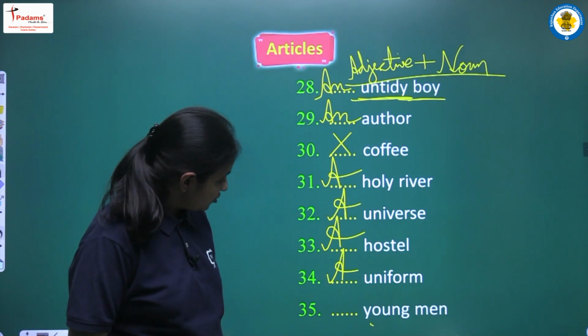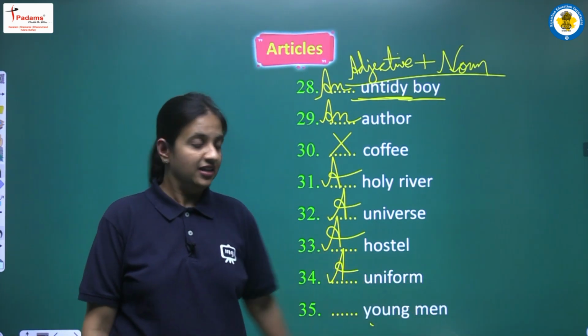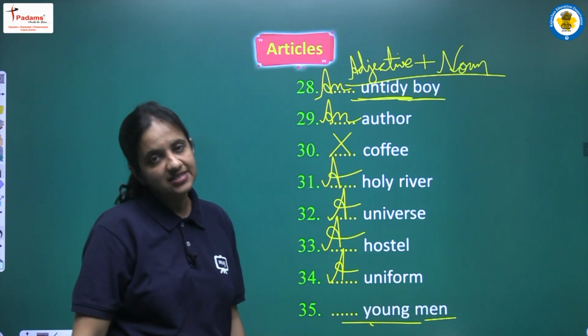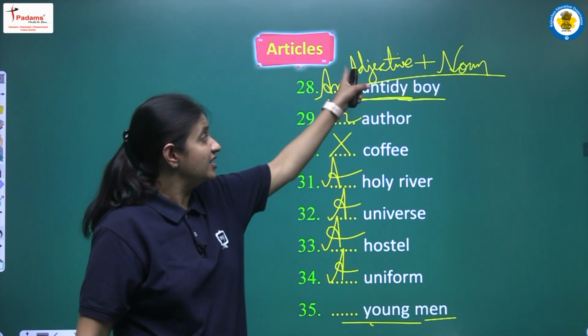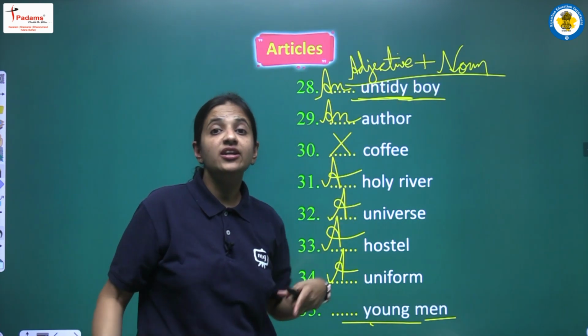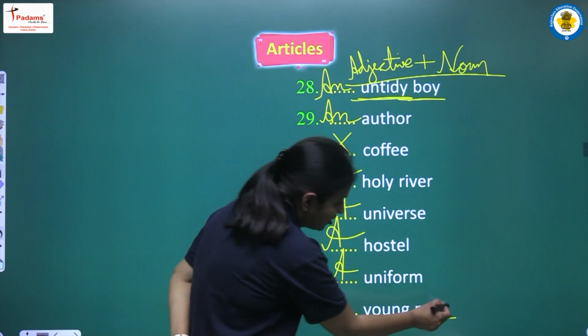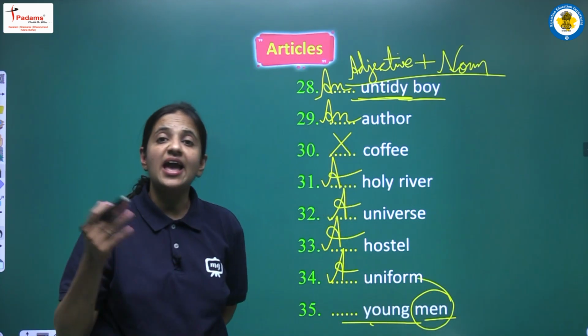Okay. So next we are having young man. So yes, young, this is adjective. Next we are having man, this is a noun. So again we are having adjective plus noun. So yes, we can use article here, but here we have to be careful that what is the spelling of man. This is M-E-N.